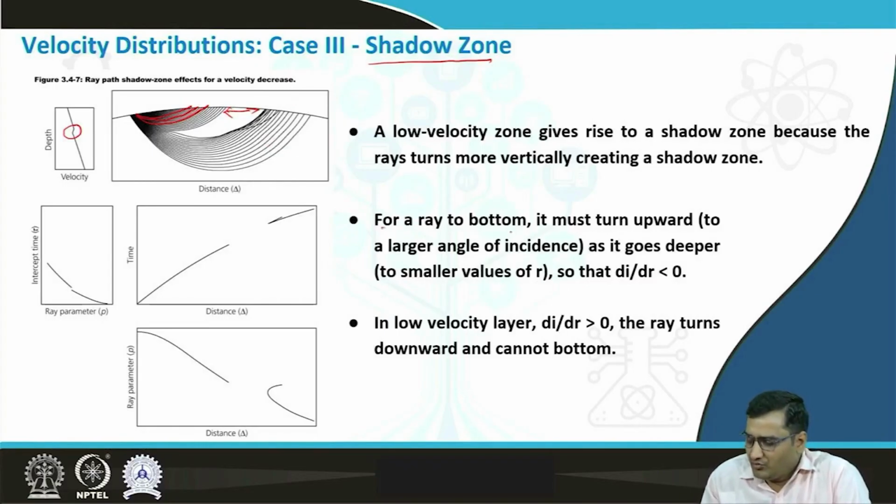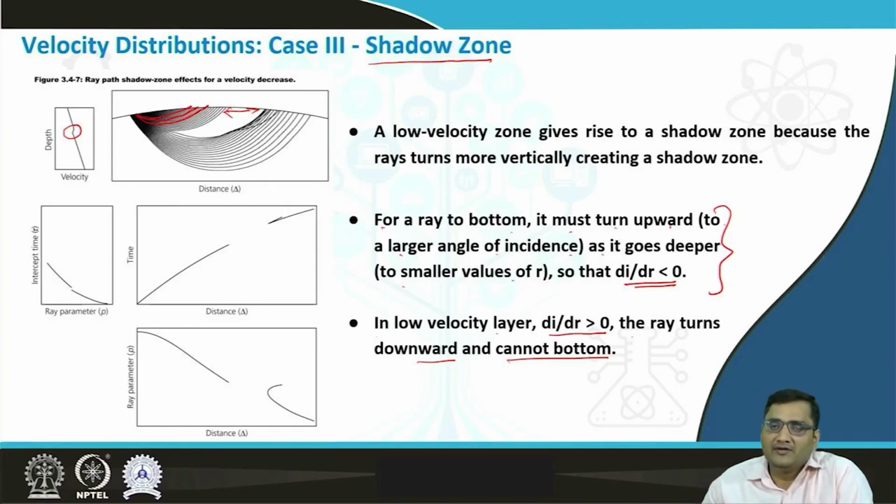So for a ray to bottom, it must turn upward to a larger angle of incidence as it goes deeper to a small value of r. So di by dr is less than 0. In a low velocity layer, di by dr is greater than 0. The ray turns downward and cannot bottom. In the normal earth situation where the velocities are smoothly increasing, the rays turn away from the normal, having a larger incident angle as they go down.